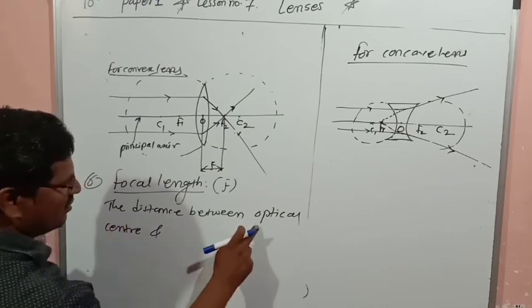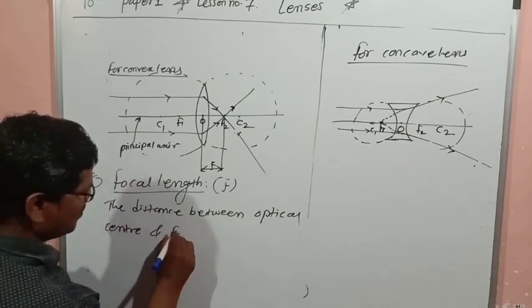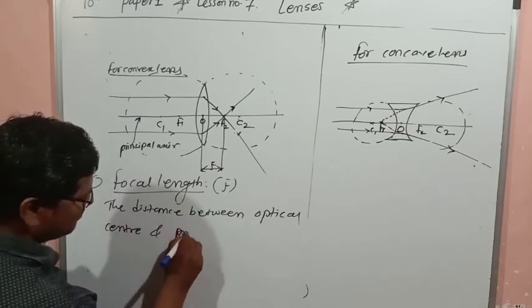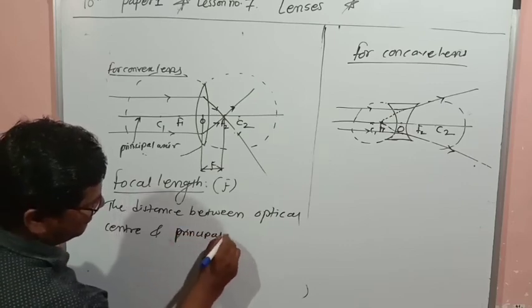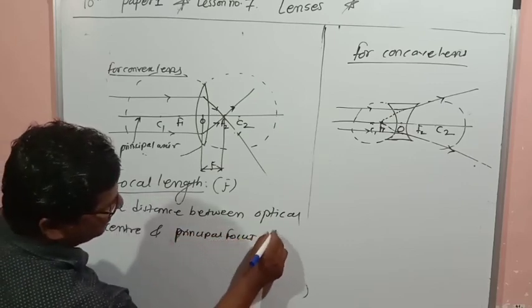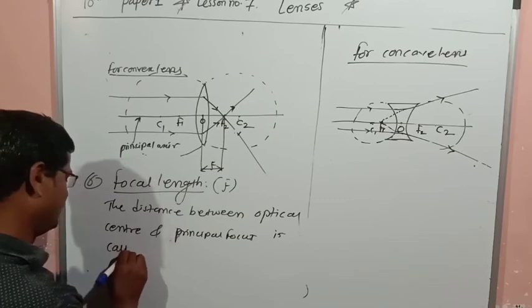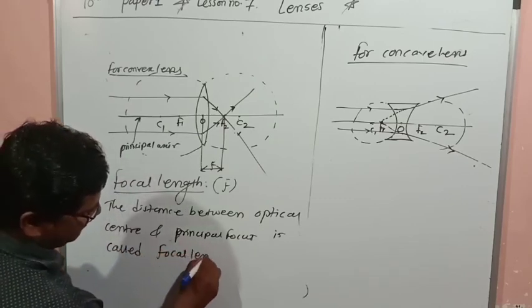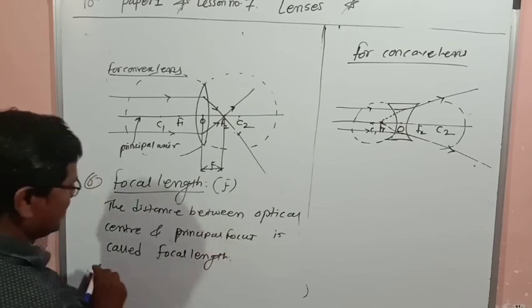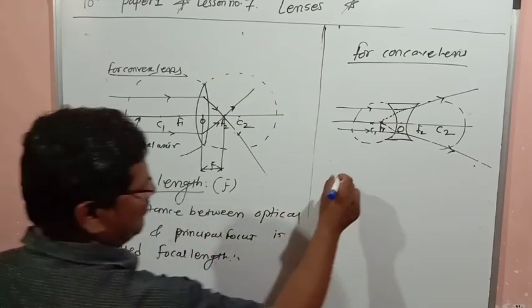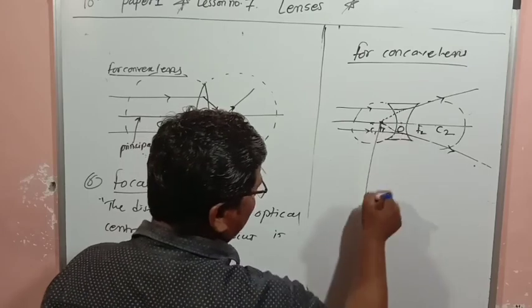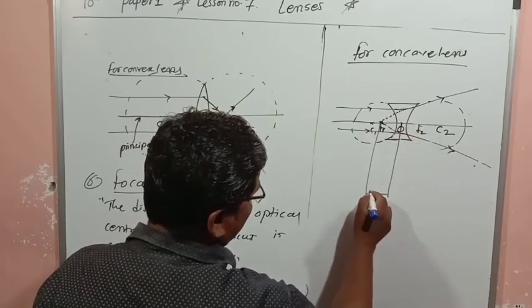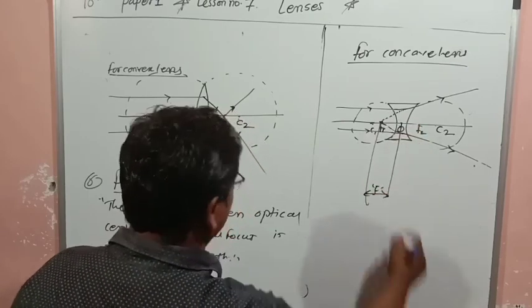The distance between the optical center and the principal focus is called the focal length. The same definition is there here also: the distance between the principal focus and the optical center is called the focal length.